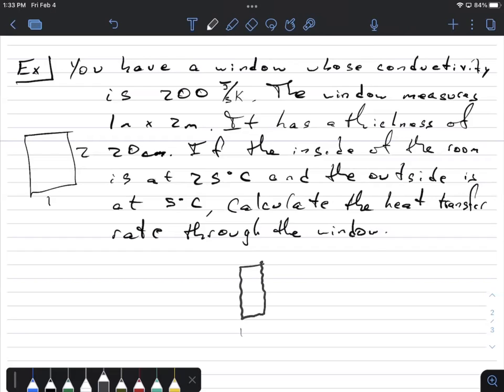This is like the thickness this way. And the inside of my room will be at a temperature of 25, and the outside will be at 5 degrees. So here's the inside of my room, and there's the outside of my room. So the heat is trying to flow through this particular piece of window.